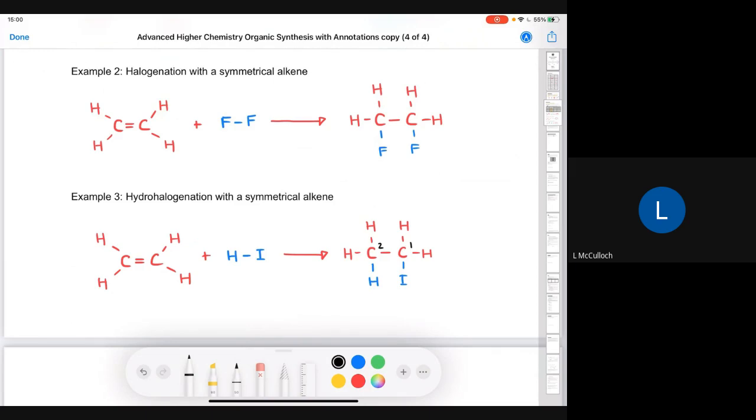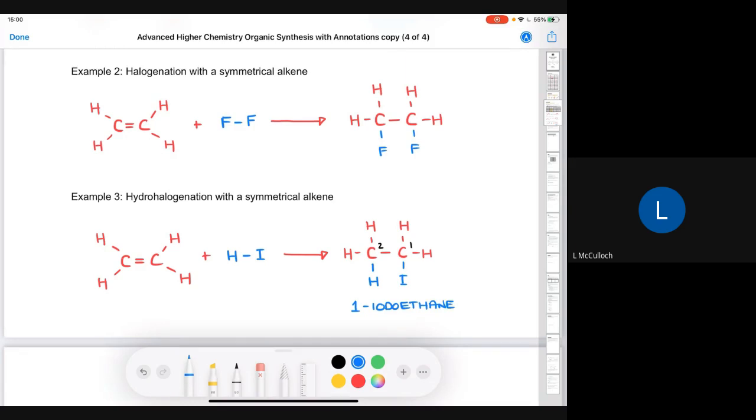So you can see no matter which carbon you put the iodine on, it's always going to be on carbon number 1 in this case. And if we were looking at naming that, it would be 1-iodoethane.